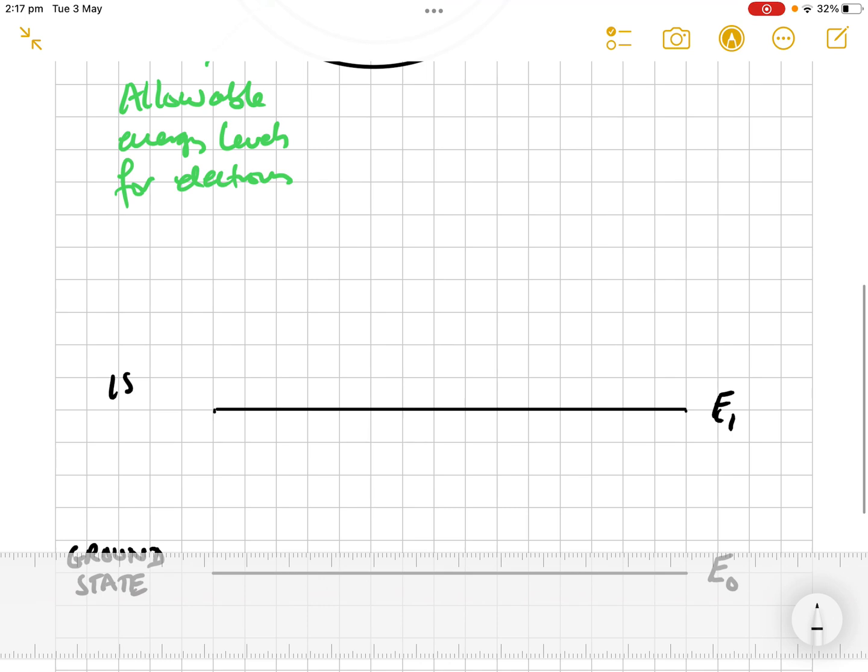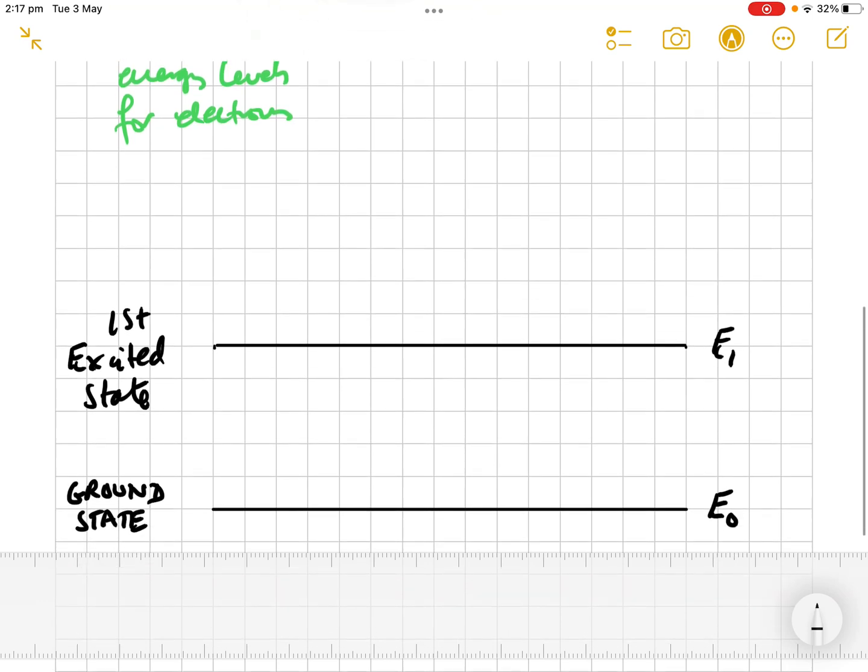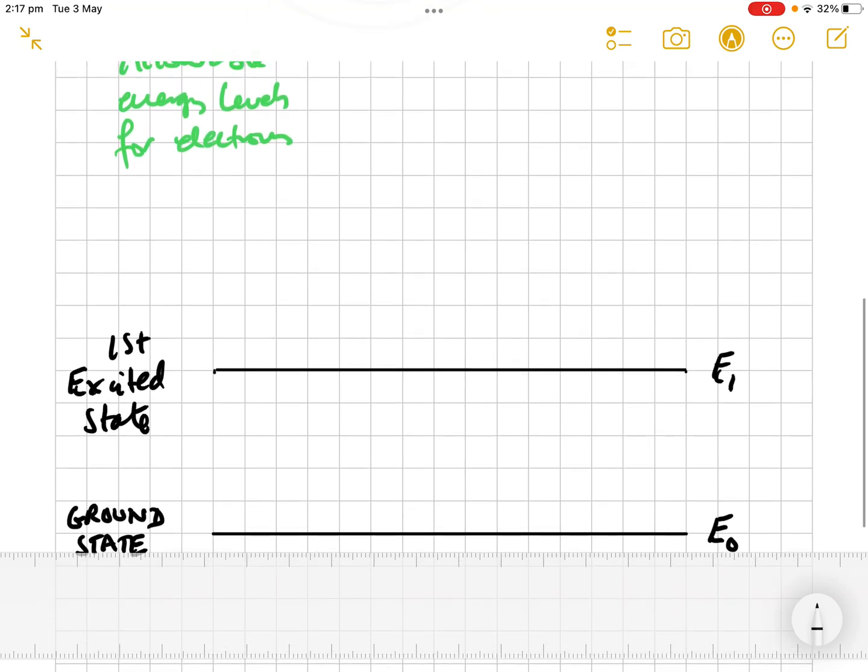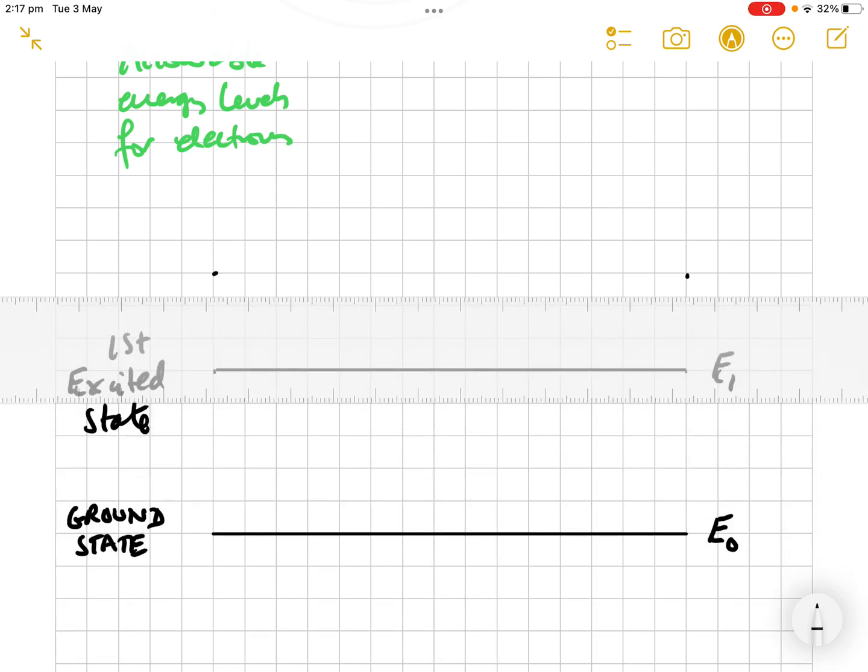So that's E1, and that's the first excited state. And by excited, we mean that the electron has more energy than it has in the ground state. It's received that energy from somewhere.